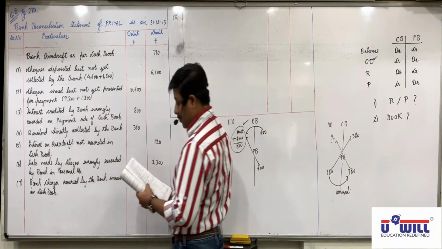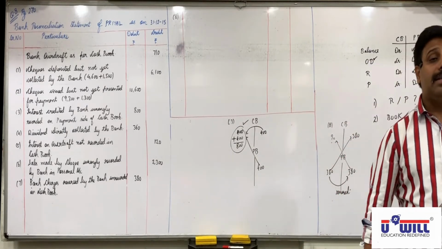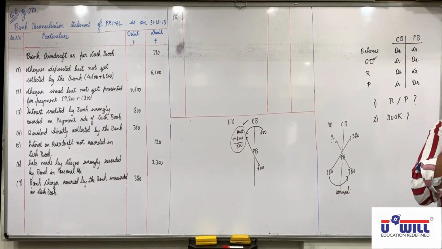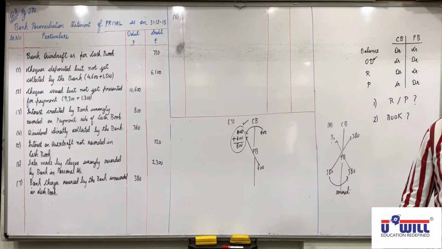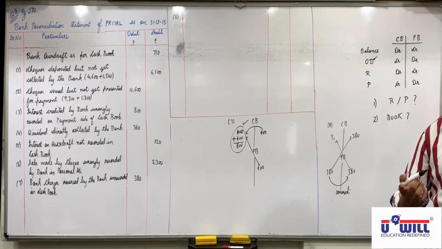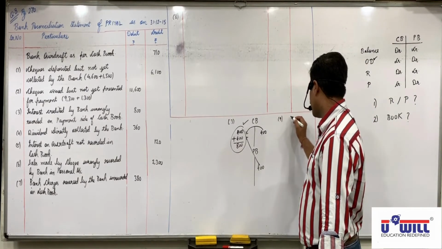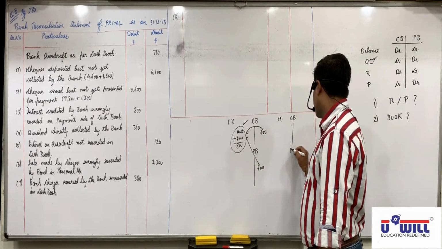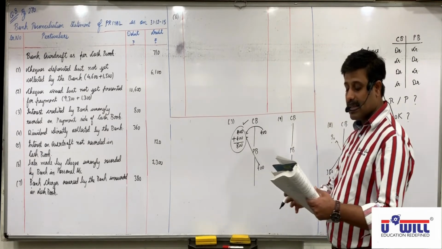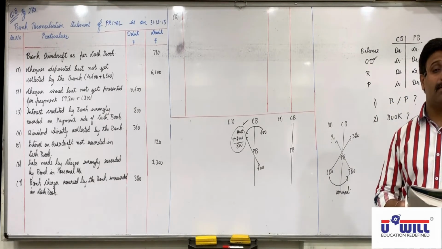Then, signature is forgotten in the check drawn and hence the check of 2000 is returned by the bank. Return means dishonor, but there is a difference. What is the difference? Understand? Check drawn. Drawn means issued.